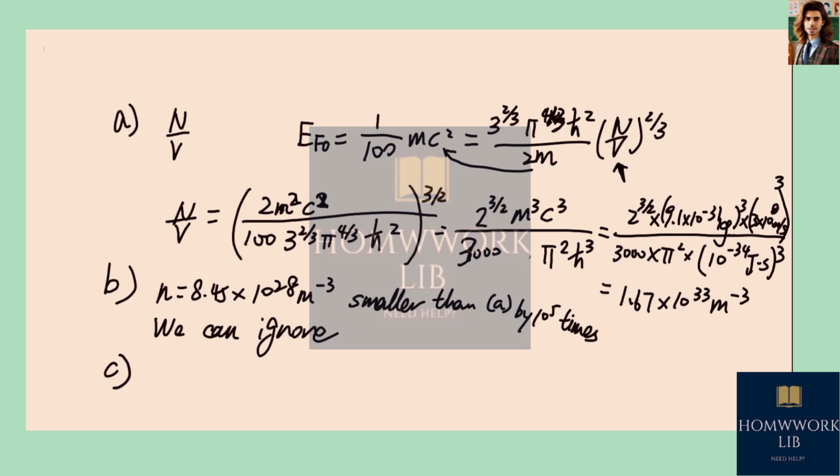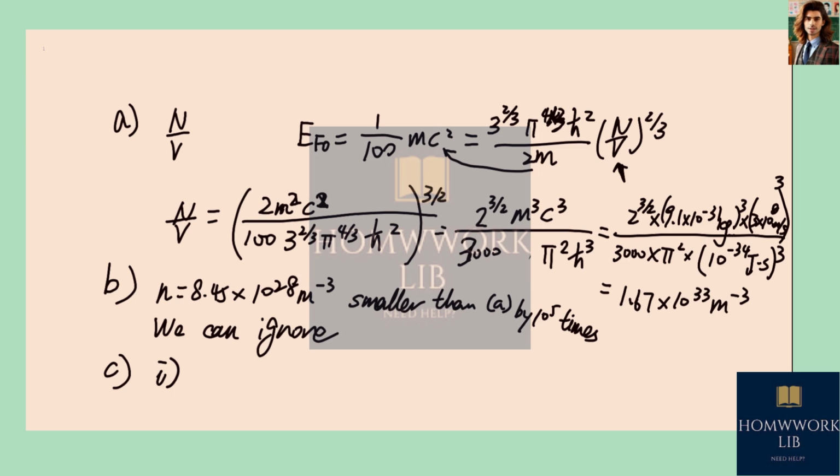And then part C asks us to look at a white dwarf star. It gives us a lot of information, but we want to estimate the electron concentration in a white dwarf. So we can consider the white dwarf as if it is made of carbon, which has a mass per atom of 1.99 times 10 to the negative 26 kilograms.